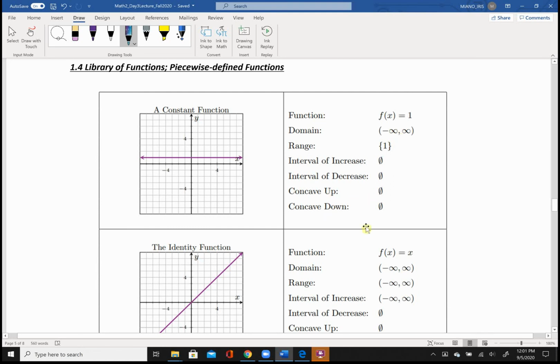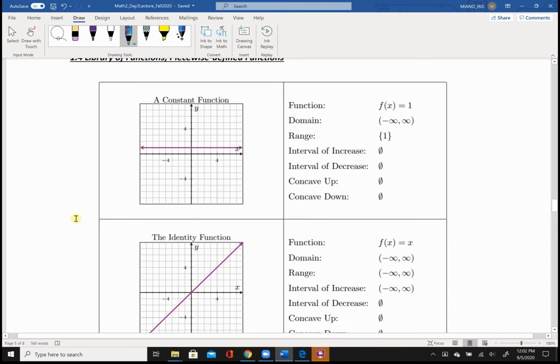That's something that we haven't really talked about too formally, but if you have any experience with parabolas and then quadratic functions in general, you know what that is. Concave up is basically a U-shaped trajectory. Concave down is more like an arch-shaped trajectory. Anyway, so there's the constant function.